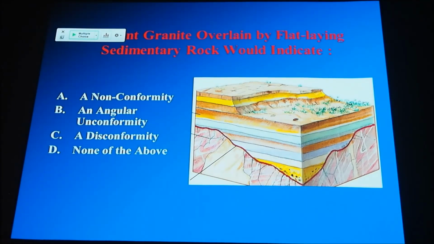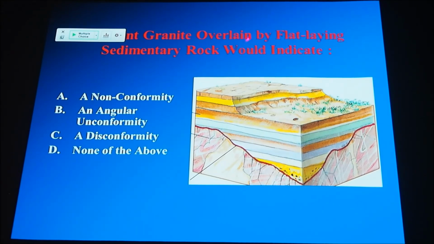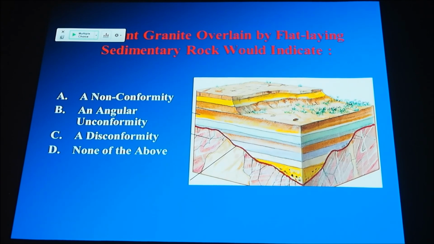Okay, so here's a clicker question. It says igneous granite overlaid by flat-lying sedimentary rock would indicate what type of unconformity? A would be a nonconformity, B, angular unconformity, C, a disconformity, or E, none of the above.